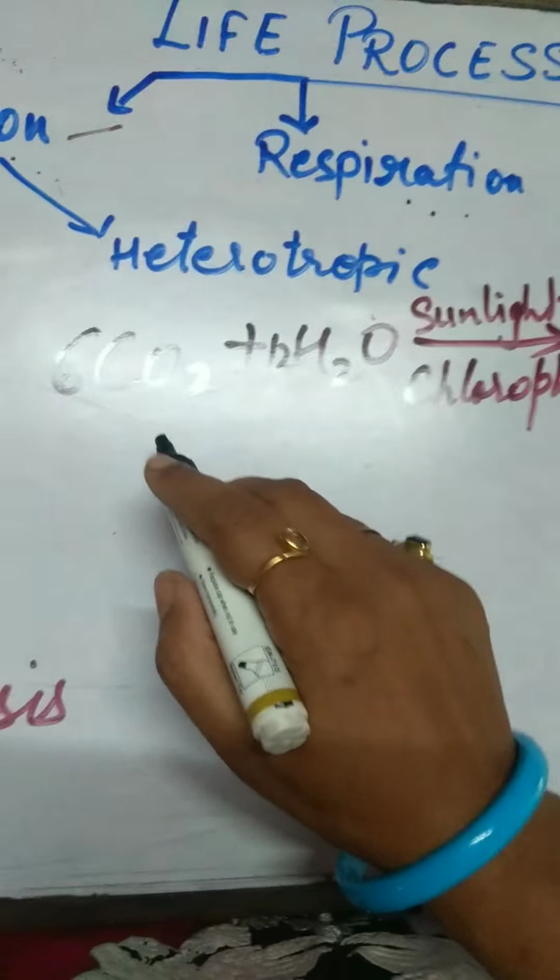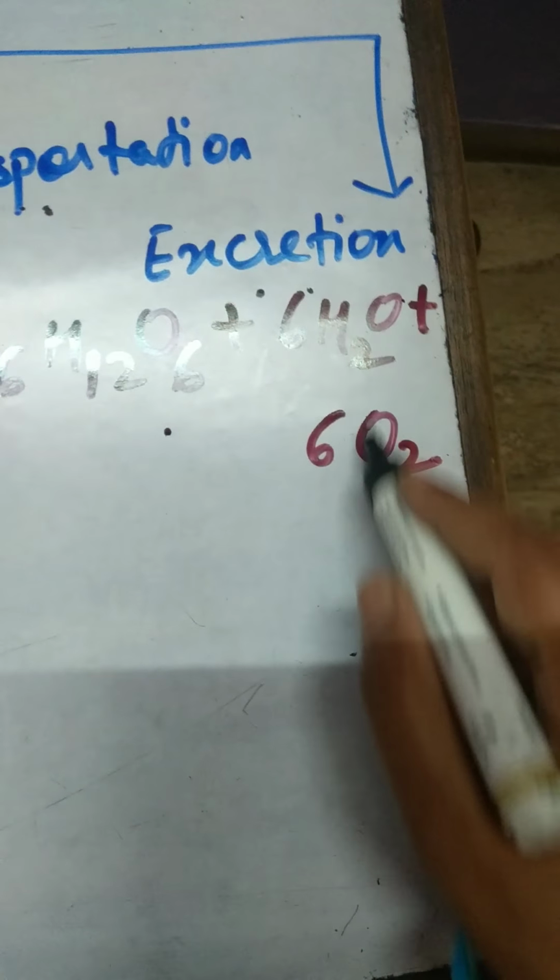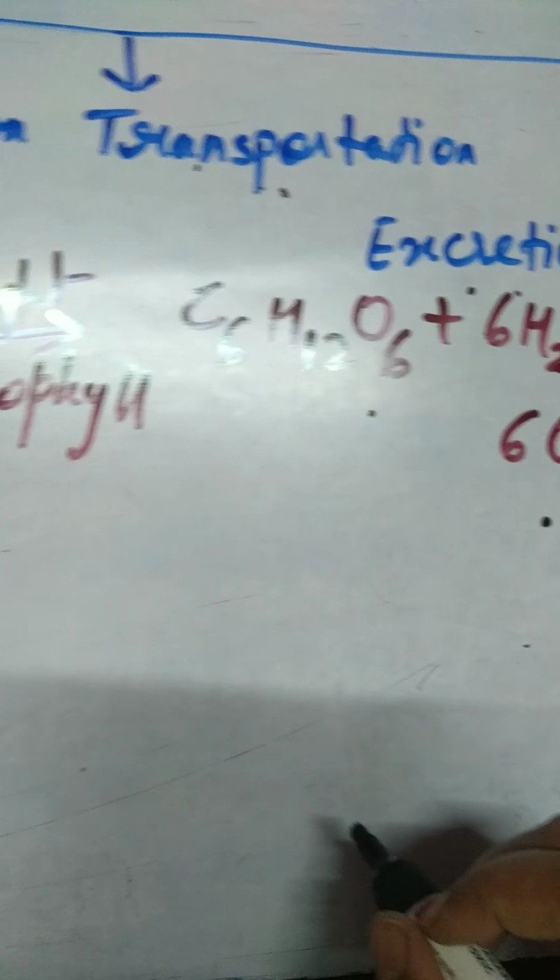So, during photosynthesis, carbon dioxide is used, and along with water, it combines to form carbohydrate, water, and with the release of oxygen.